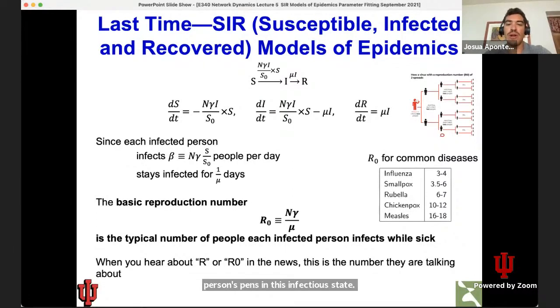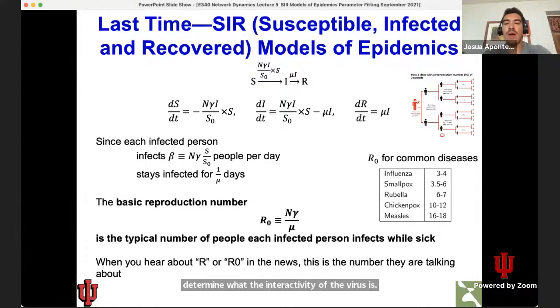It's been discussed in the news nowadays because it's important to determine what the infectivity of the virus is.